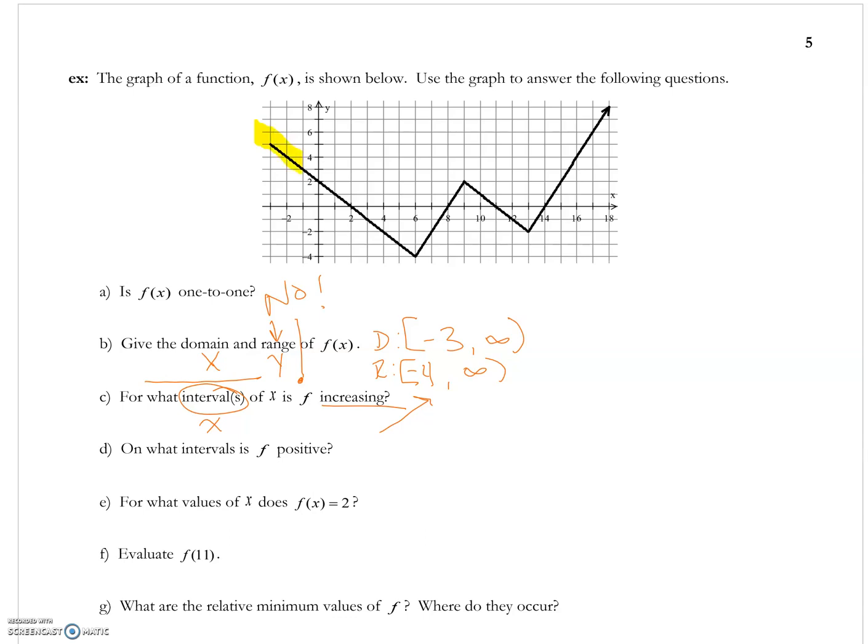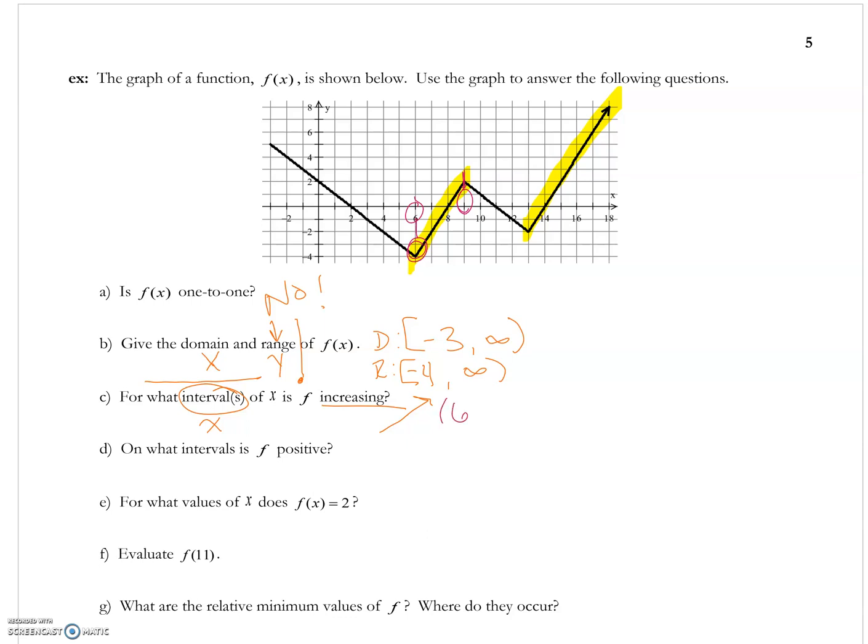First, my eyes go down, down, down. Then up, up, up, down, down, down, up, up, up. I'm only concerned with keeping the up parts of this graph, so I'm only concerned with these two sections where the graph is going up from left to right. This first section starts at +6 and ends here at +9.